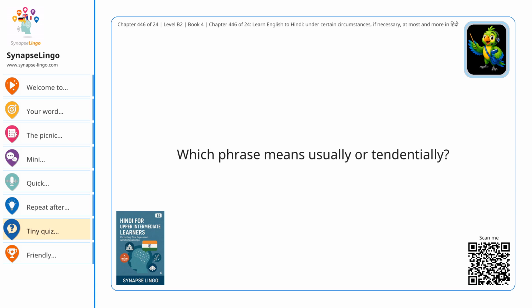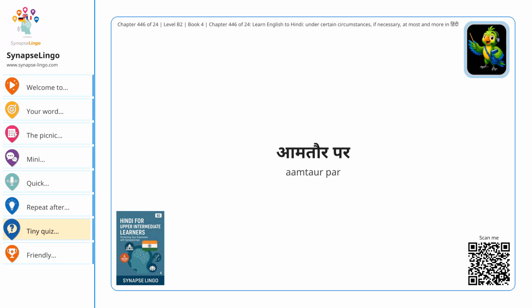Which phrase means usually or tendentially? आमतौर पर. Which phrase means largely? काफी हद तक. Which word means mostly? ज्यादातर. Which word means partial? आंशिक. Which phrase means in parts? भागों में.